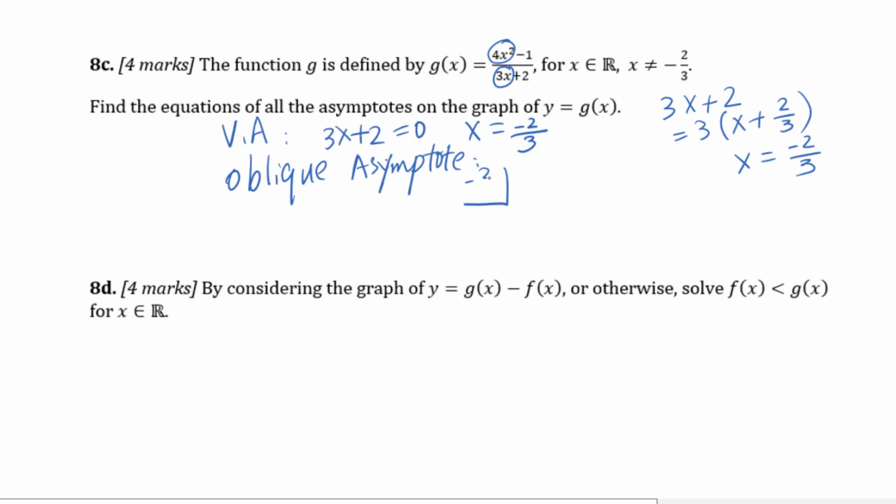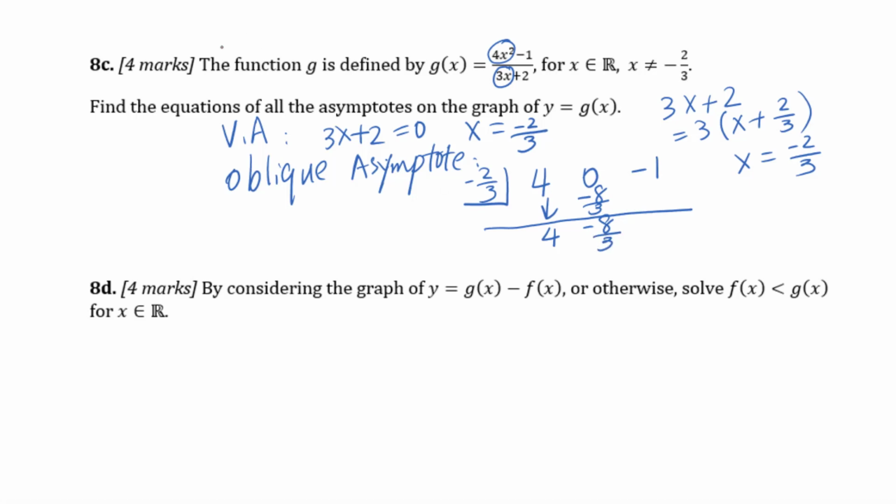Root in the corner. No missing power, so we have 4, 0, negative 1. Drop down 4. 4 times negative 2 over 3 is negative 8 over 3. Adding negative 8 over 3.